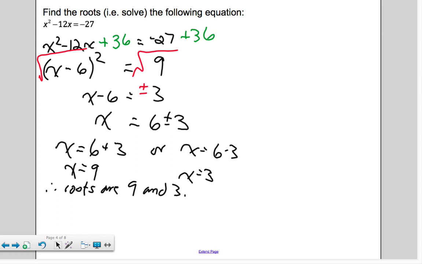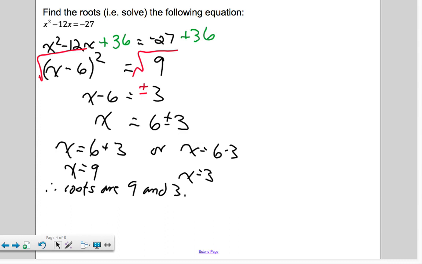So 81 minus 108 gives us negative 27. Good. 3. What's 3 squared? 9 minus 3 times 12 is 36. So 9 minus 36 is minus 27. Right? So those are the two values of x that will make this equation true.